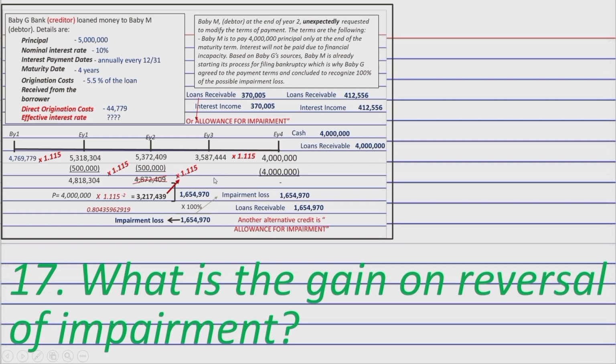So, the difference of the two, the 3,587,444 and the new present value, will be debited to loans receivable or allowance for impairment account. And of course, the credit is gain on reversal of impairment. And that's it. So that's it for all the possible questions in loans receivable accounting.